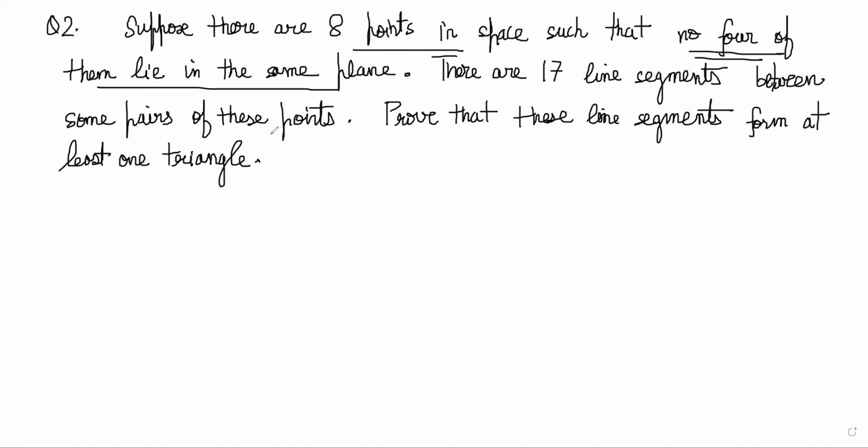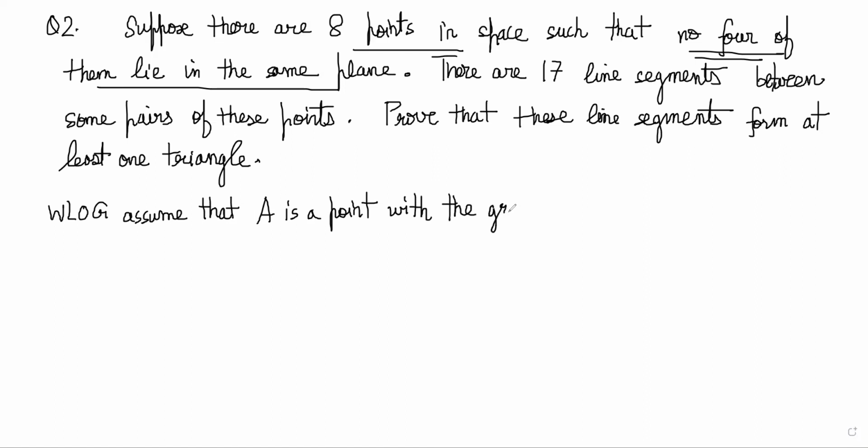Now what we are going to do here is, again, we'll try a proof by contradiction. And first of all, we'll assume an extreme element, right? So we'll say, without loss of generality, we can assume that A is a point with the greatest number of line segments containing it.